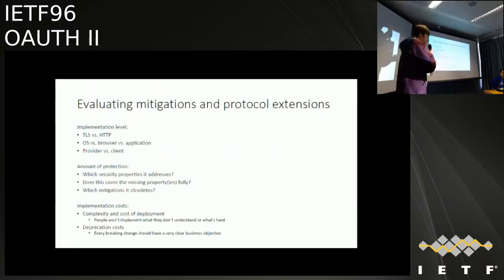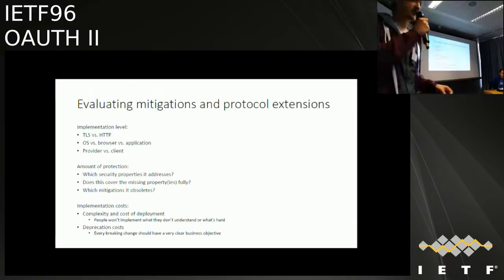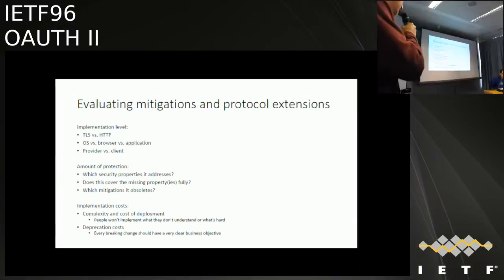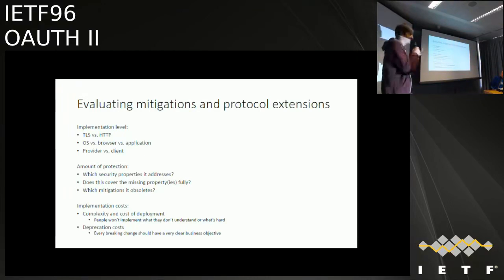I think we would benefit from having some sort of a framework to structure discussions about the mitigations we have, including the mix-up mitigations. We might compare the existing mitigations by several criteria. For example, I would say that the implementation level, provider versus client, is something important.